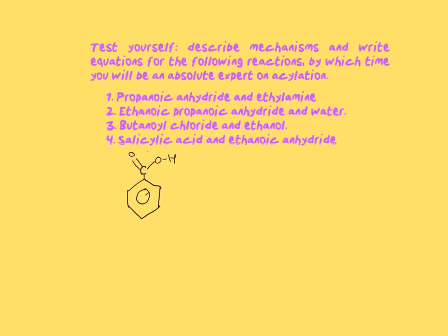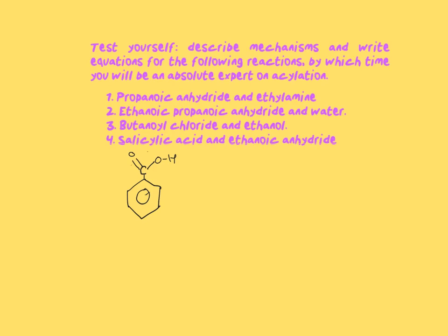Why not test yourself? Describe mechanisms and write equations for the following reactions, by which time you really will be an absolute expert on acylation. So the first one you're going to do on paper is propanoic anhydride and ethylamine, followed by ethanoic propanoic anhydride and water.